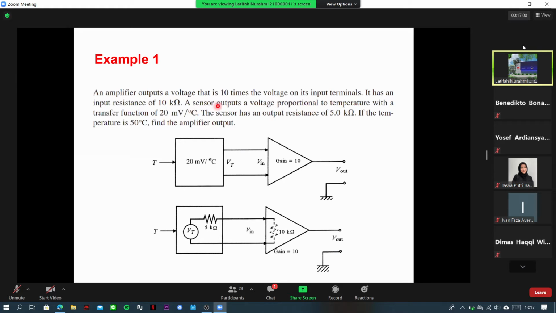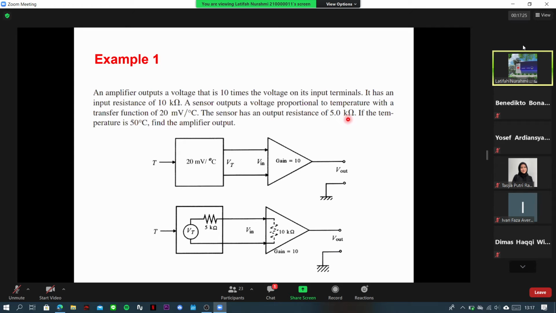A sensor outputs a voltage proportional to temperature with a transfer function of 20 millivolt per degree Celsius. So we know that this is a temperature sensor. The sensor has an output resistance of 5 kilo ohm.